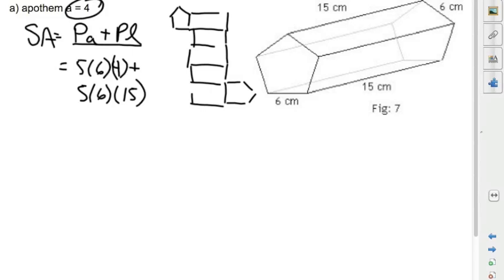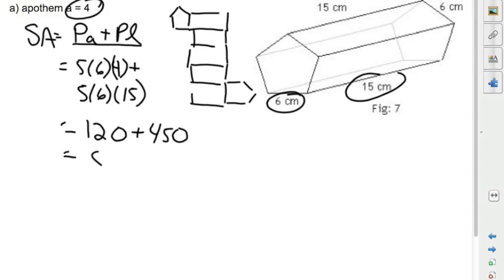Got it. 6 centimeters. Oh, okay, that's my side. 15 came from the length of my prism. Right? So we got 30 times 4 is 120, plus 30 times 15 is 450. So that's equal to 570 centimeters squared.